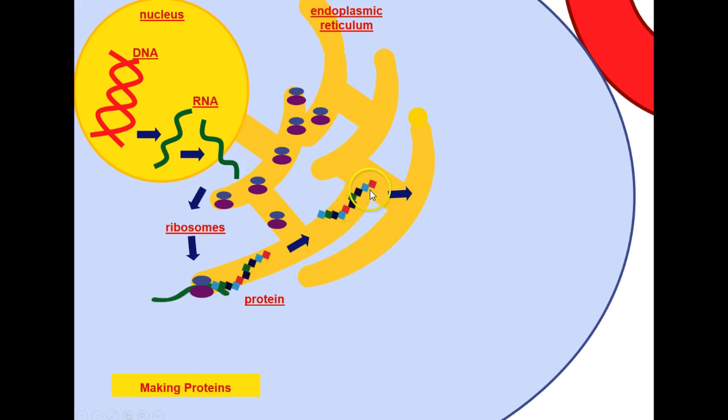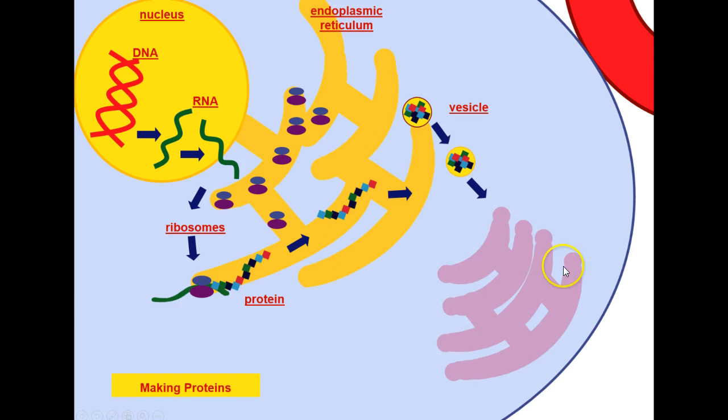Our unfinished protein, which we should probably call a polypeptide instead, can then be kind of vesicled off and sent for finishing at the Golgi apparatus, another tubular structure in the cell. Go through some little changes, bonds will form, and we'll get the right folding.